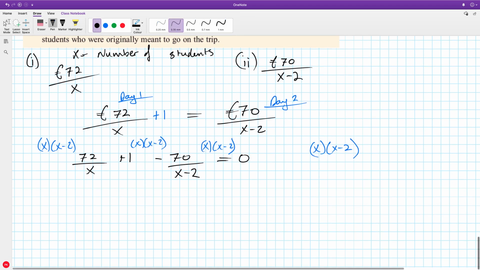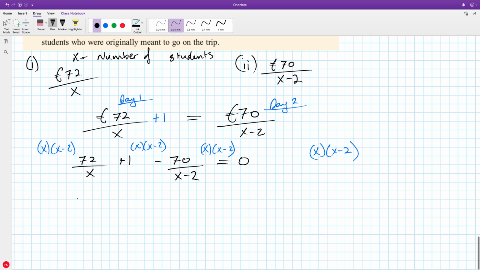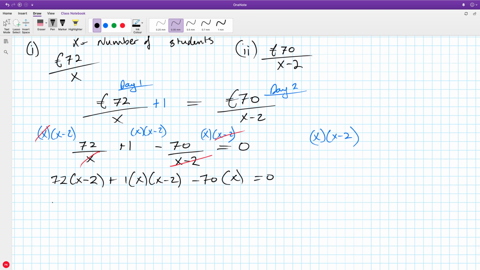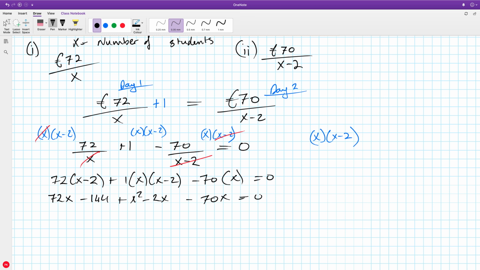Right, so we multiply across by X and X minus 2. Gone, gone, gone, gone. 72 times X minus 2, plus 1 times X minus 2, minus 70 times X is equal to 0. 72x minus 144 plus x squared minus 2x minus 70x equals 0.